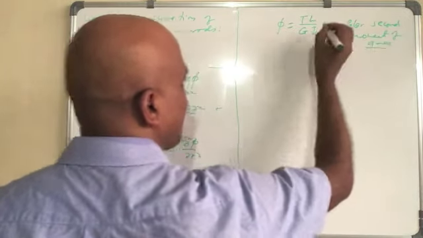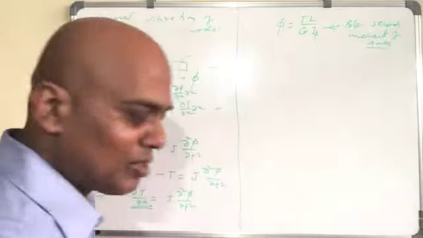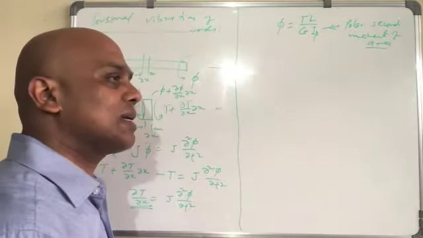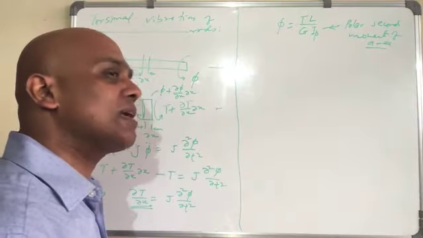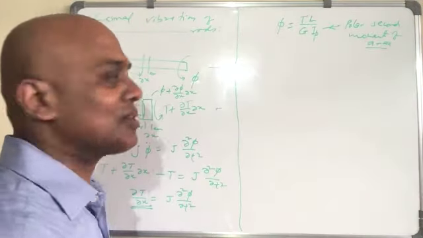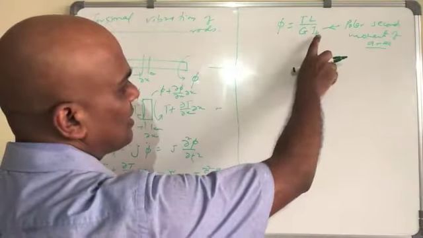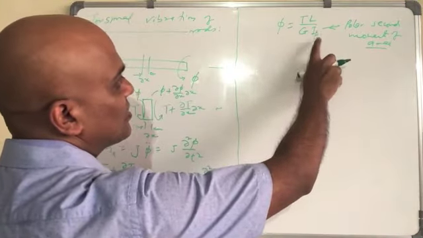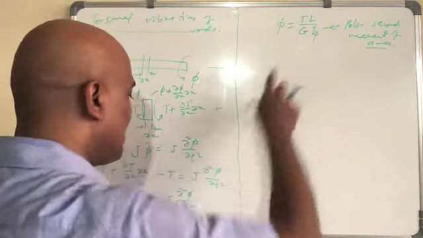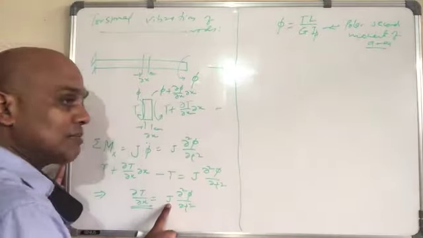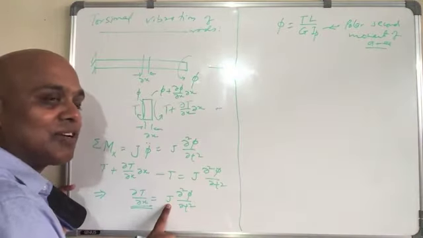You used to call it J during the solid mechanics class, because J we never used as a mass moment of inertia. But here instead of J we are using I_P, which is the second moment of area, and J is the second moment of mass basically.